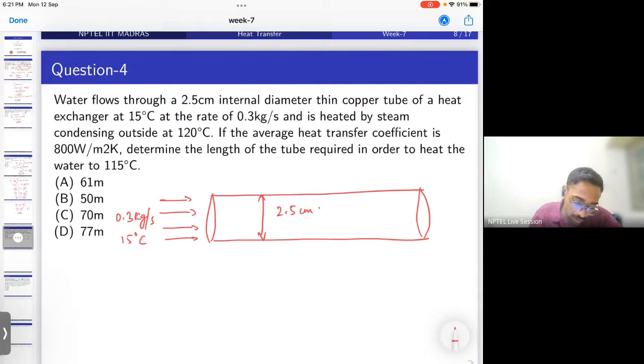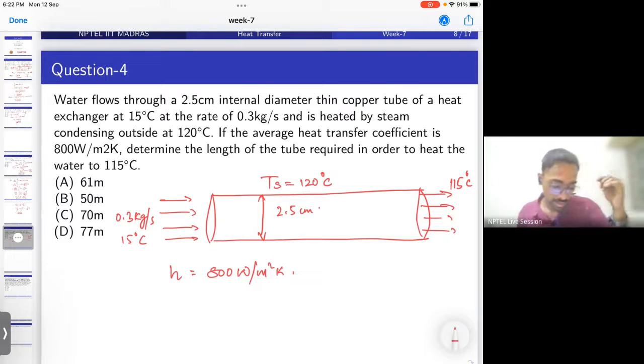It is entering at 50 degrees Celsius, and the water should exit the tube at 115 degrees Celsius. And the average heat transfer coefficient h is also given. It's 800 watts per meter square Kelvin. And the steam is condensing outside, so the surface temperature is constant at 120 degrees Celsius.